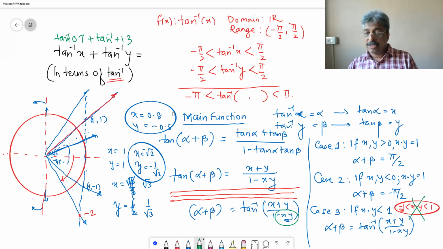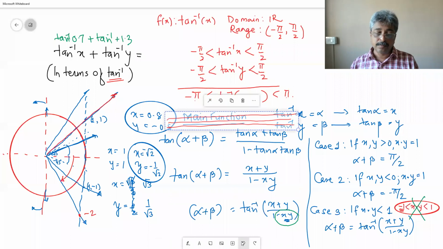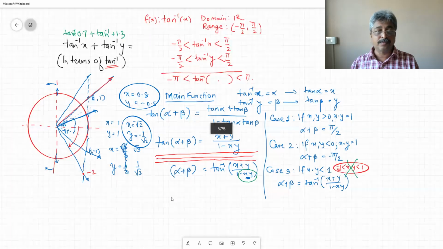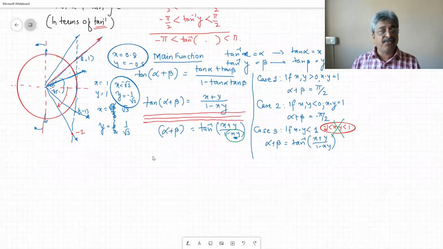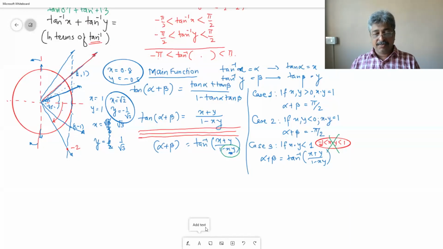Okay, so now only two more cases are remaining. Let us look at them. Two more cases are remaining, which are if alpha plus beta enters the second quadrant, case 4.